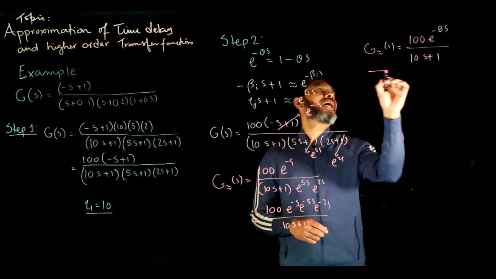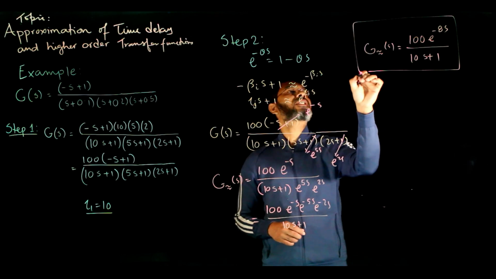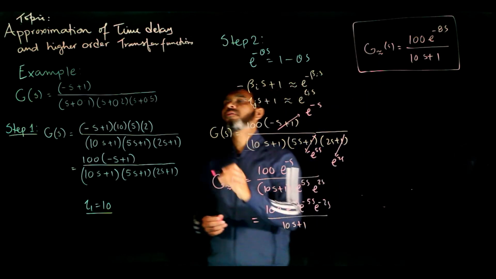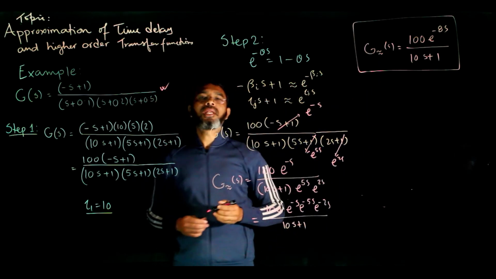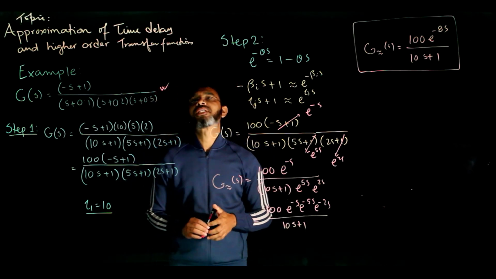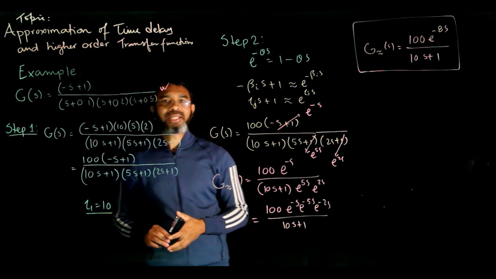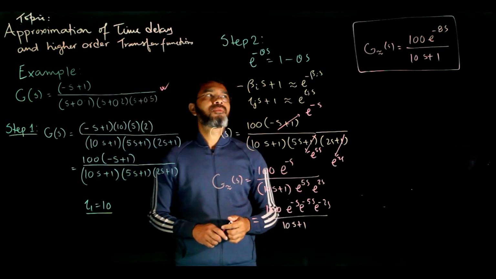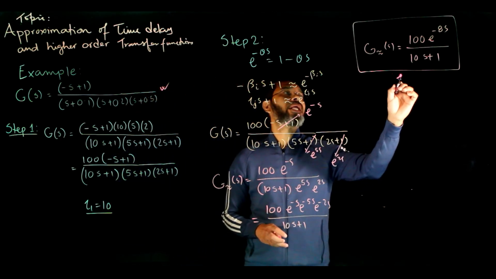So this is our approximated first order plus time delay model for this model here. So you see that if you are only using the Taylor series expansion to get an approximate model for this process, we end up getting this.